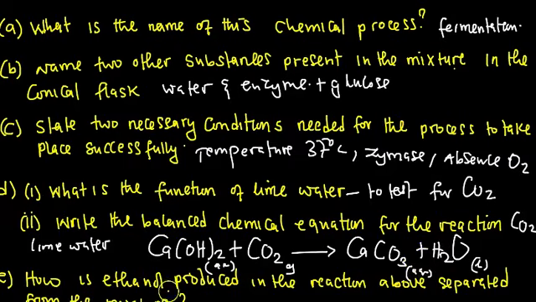Then, how is the ethanol produced in the reaction above separated from the mixture? Like I said, the mixture is water and alcohol. So the question is how is alcohol separated from water. One thing you should know is that these have different boiling points. For example, alcohol boils at 80 degrees Celsius, while water boils at 100 degrees Celsius.